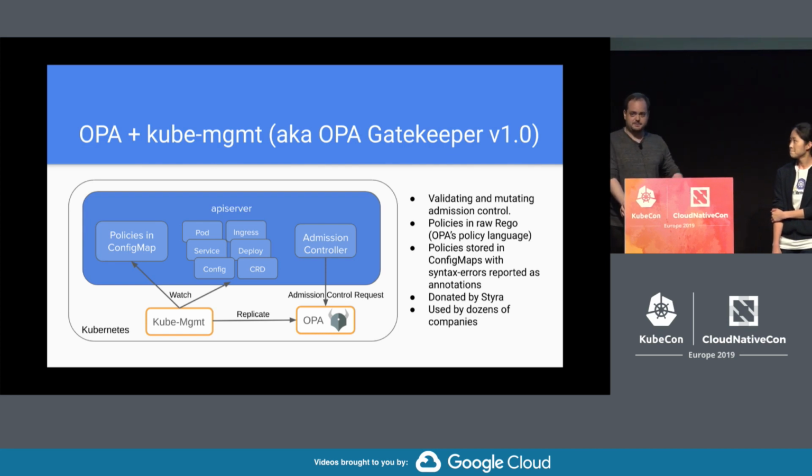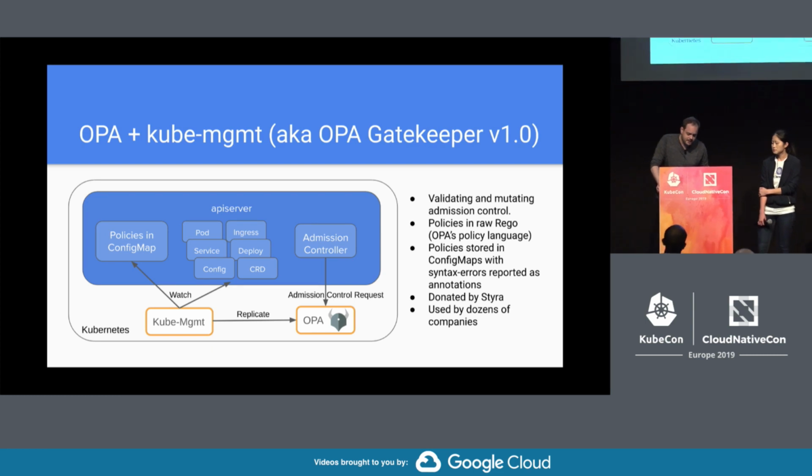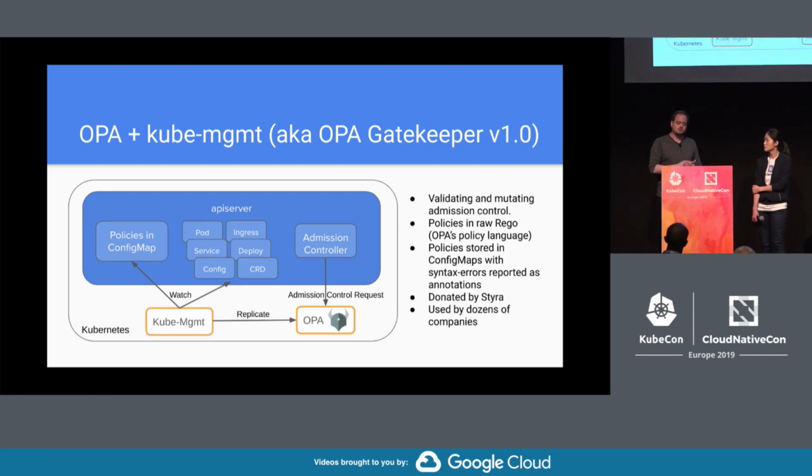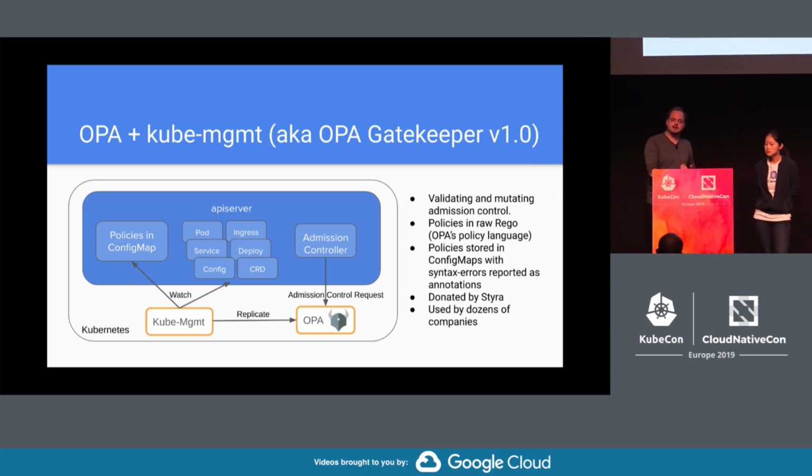So in V1, which is pretty much vanilla OPA, how they decided to integrate with Kubernetes was they created a sidecar process called kube-mgmt. kube-mgmt would essentially follow the API server and replicate data into OPA, which was running as a server itself.